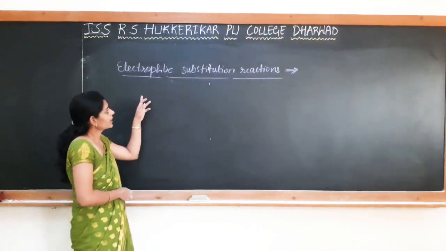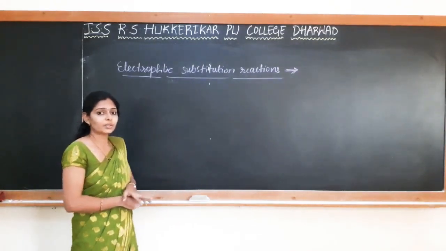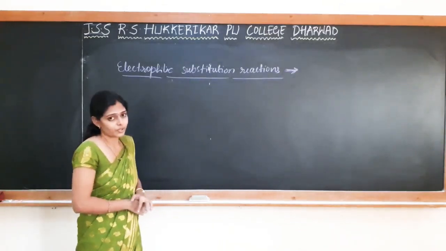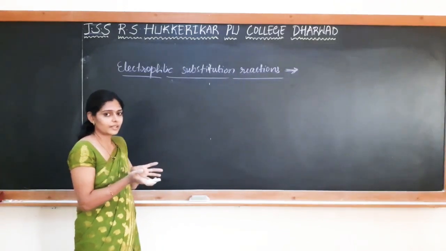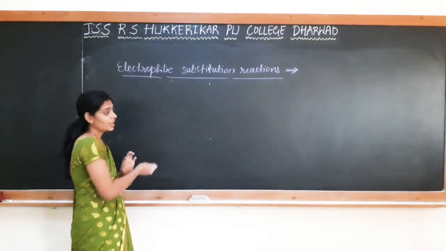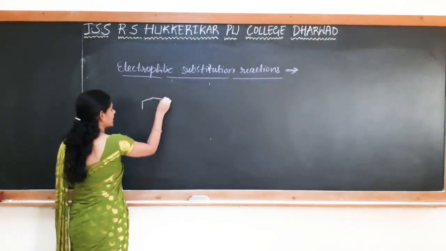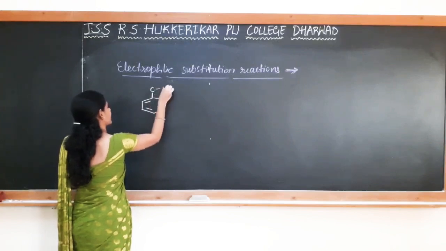The last type of reaction is electrophilic substitution reactions. Usually aromatic aldehydes and ketones show electrophilic substitution reaction as they contain the benzene ring, which is an electron rich center. If I consider an aromatic aldehyde, it is represented like this.